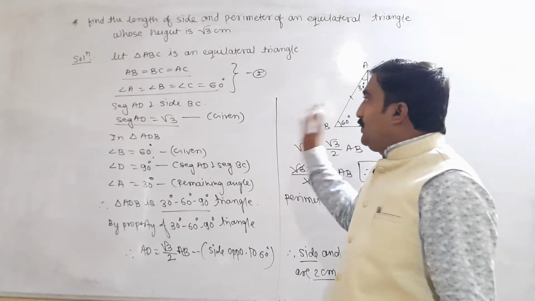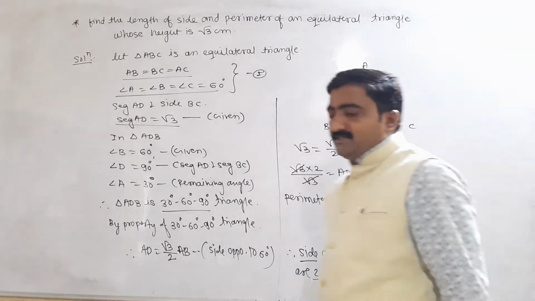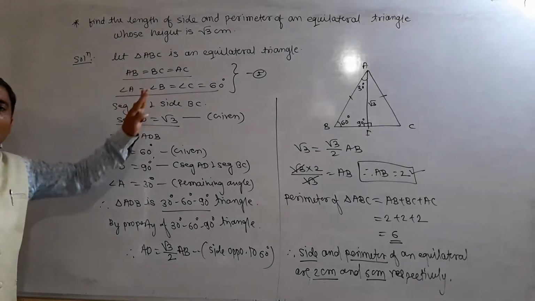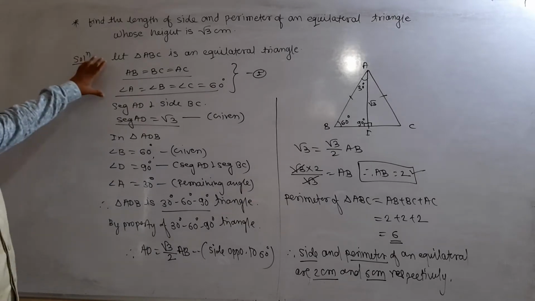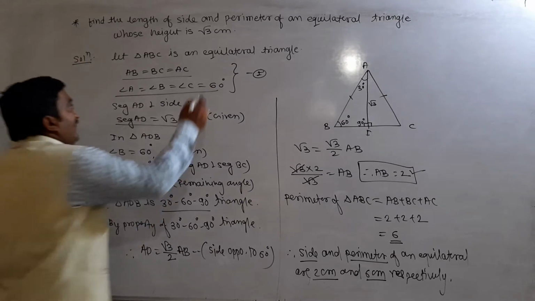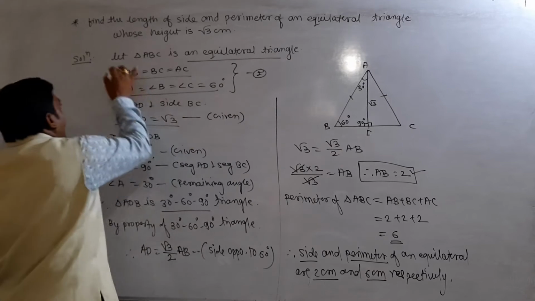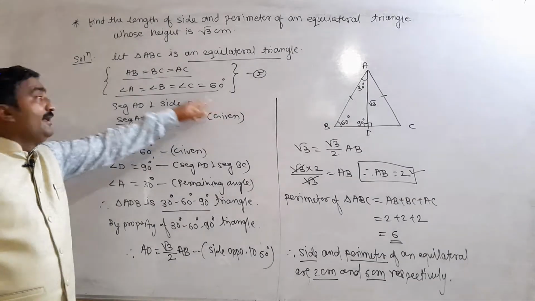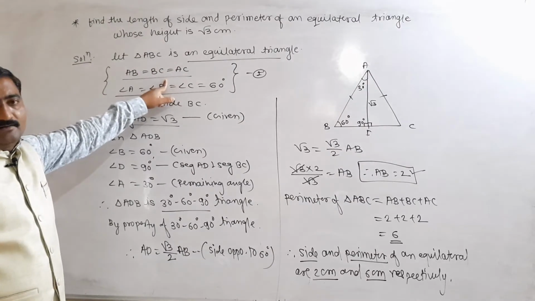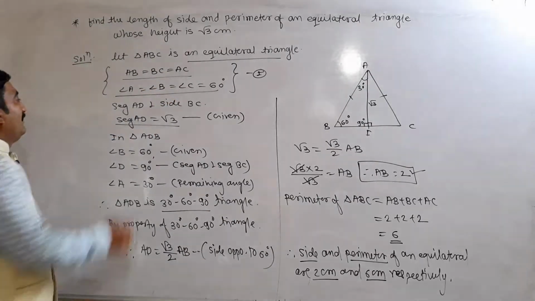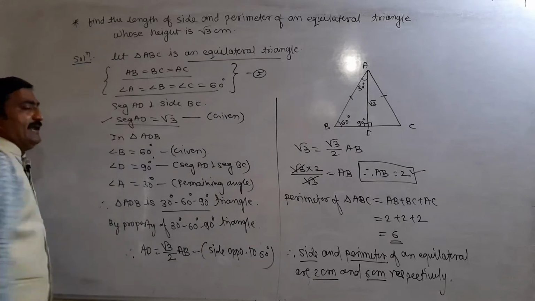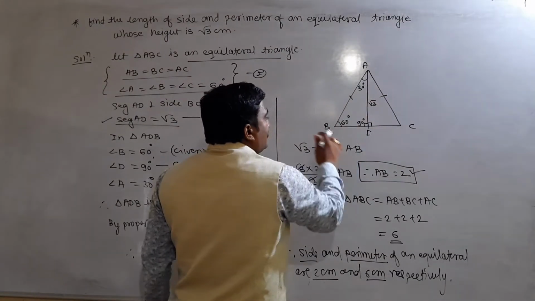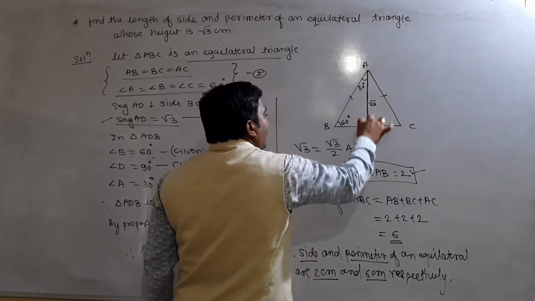In this problem, we use the property of the 30-60-90 degree triangle. But remember that when we solve this type of problem, first write the given things. This property is very important. Equilateral triangle means all angles are congruent and they are 60 degrees, and all sides are congruent. This is the height of the equilateral triangle. Then this angle is 90, this is 60 and this is 30. The side opposite to 60 is AD.